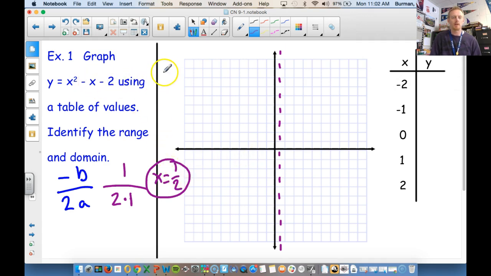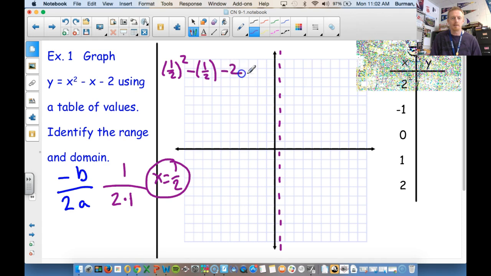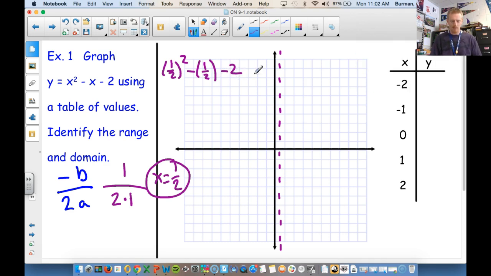So if we plug those things in, it's going to say 1/2 squared minus 1/2 minus 2. So 1/2 squared, I put in parentheses just to keep things simple. I don't know if that keeps things simple for you guys. Minus 1/2 and then minus 2 using my trusty calculator.